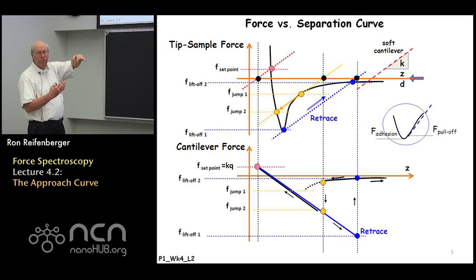For every value of z, the cantilever responds, and that gets you a particular value of d on this force versus distance curve. You've got two abrupt changes in d. One occurs in the jump to contact indicated by the gold-colored arrow, and then one is a jump away from contact, the pull-off, in the retrace curve indicated by the blue arrow.